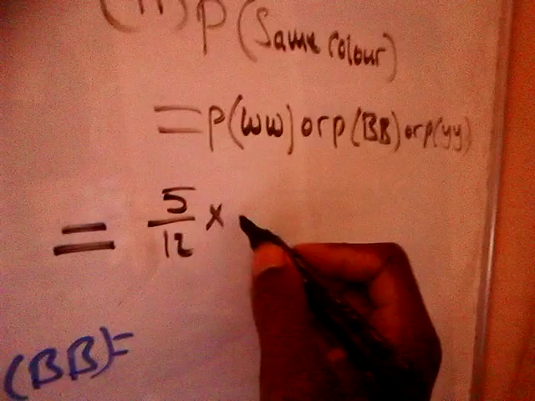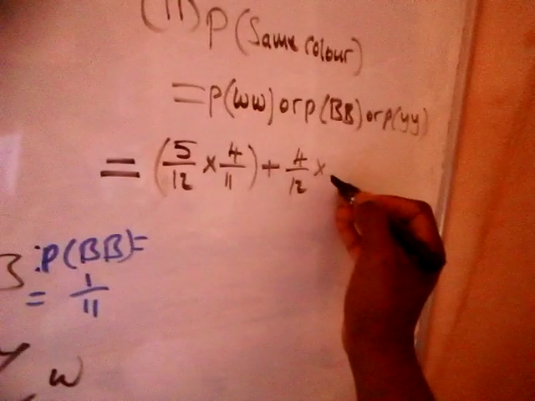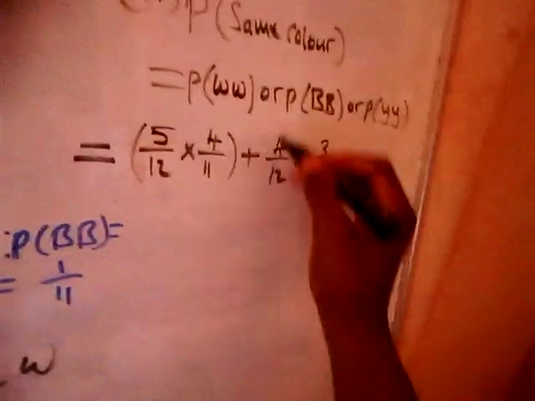It will be 5 out of 12, multiplied by 4 out of 11, plus the probability of blue, that is 4 out of 12 times 3 out of 11, plus the probability of yellow.